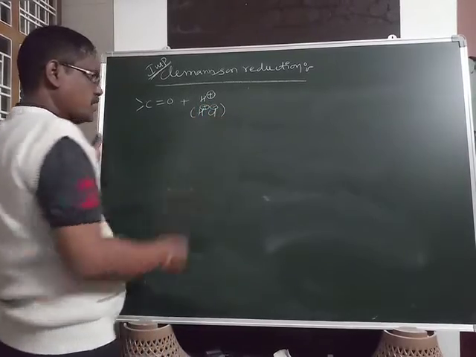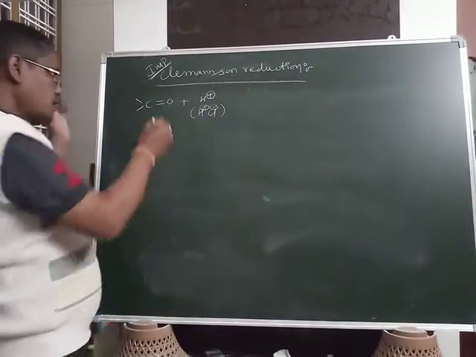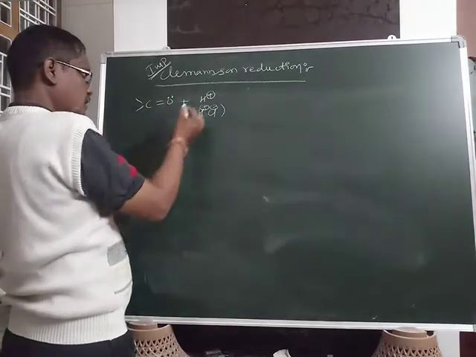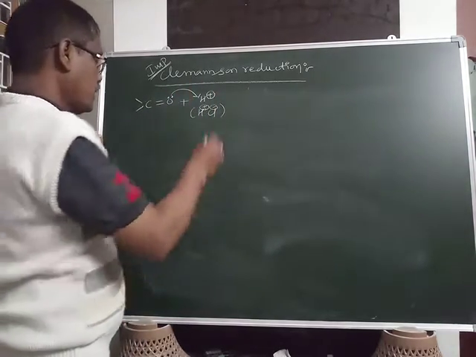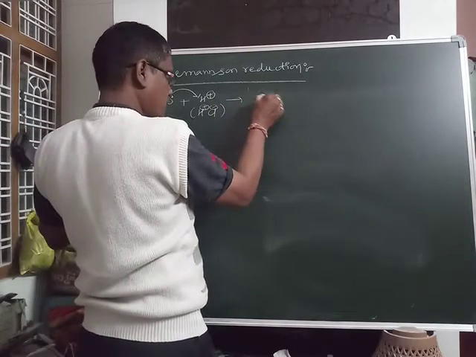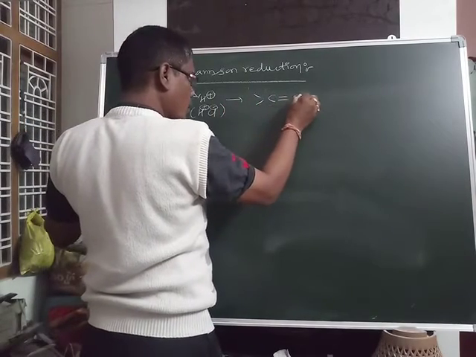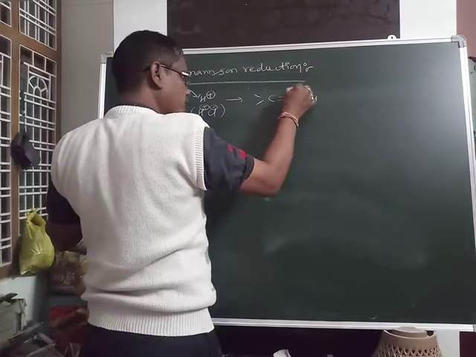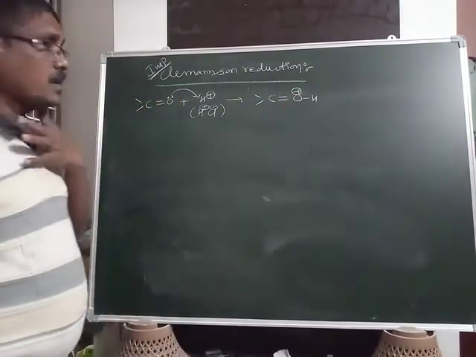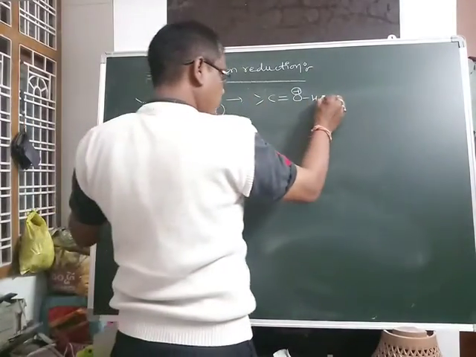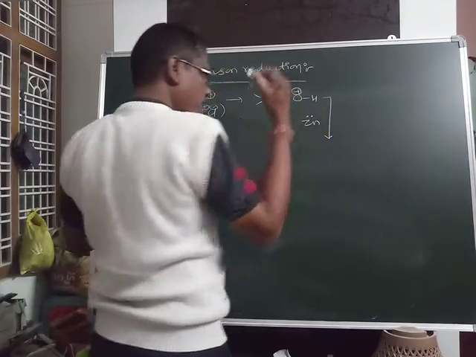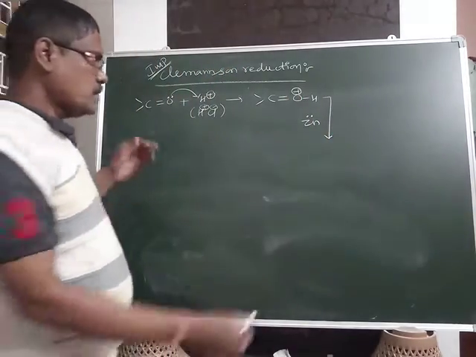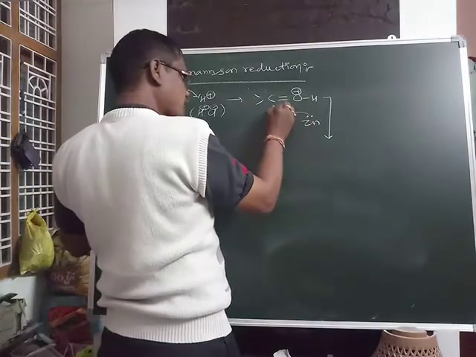I am showing it like this. This bond shifted to this side, donated to this one, and we obtain the double bond O H with a plus charge. Now at this stage zinc contains a lone pair of electrons, so the bond shifts to this side.